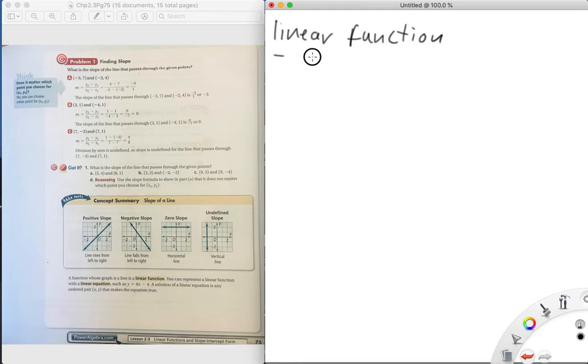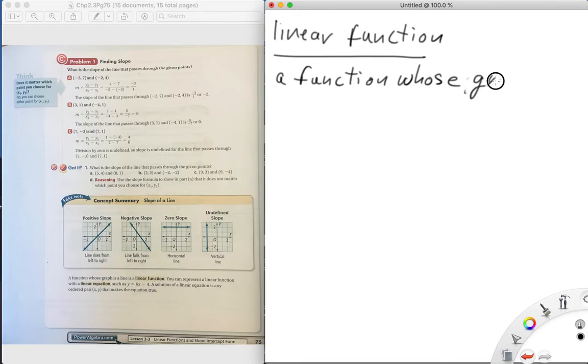So a linear function, the book says, is a function whose graph is a line. And it says you can represent a linear function with a linear equation.